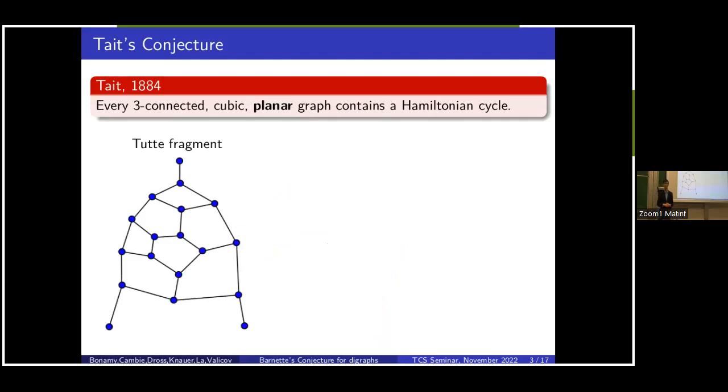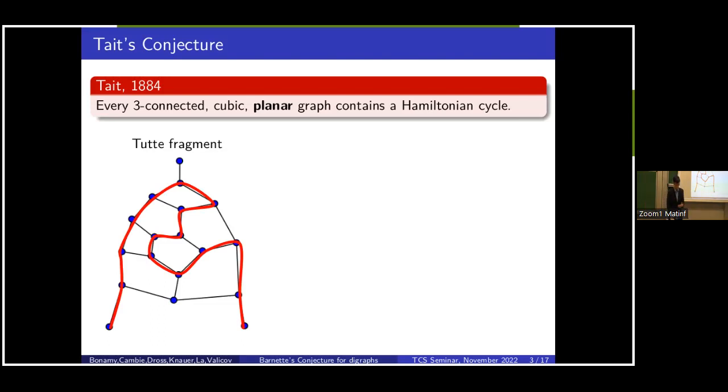And the first counterexample is by Tutte, using what we now call a Tutte fragment. And what nice property does this kind of gadget have? Well, any Hamiltonian cycle needs to go through this top edge. Say I try to make some Hamiltonian cycles that only go through the bottom edges, then I can almost get every vertex, but not all of them.